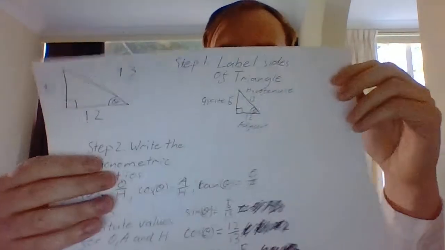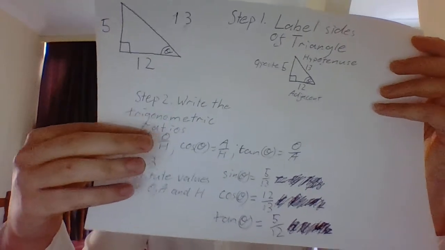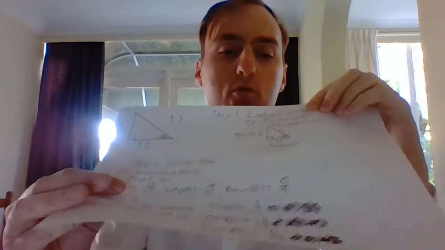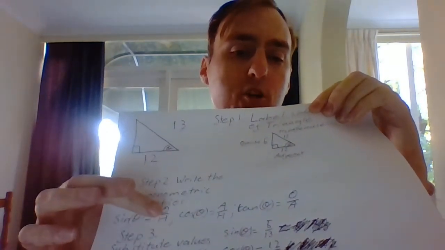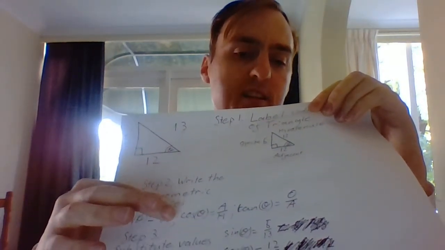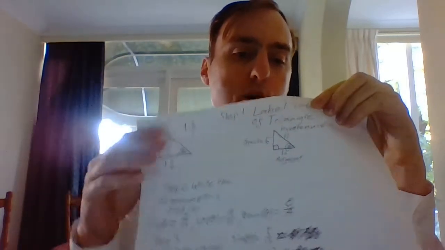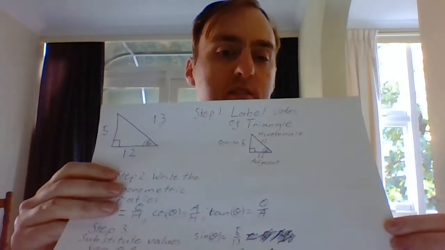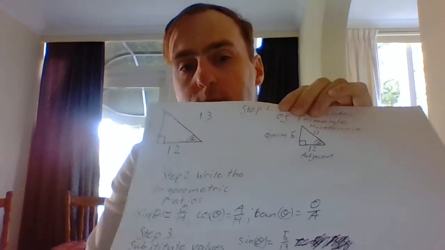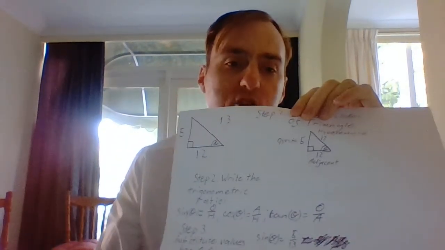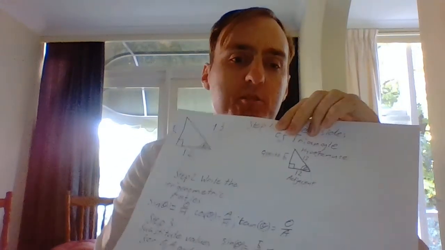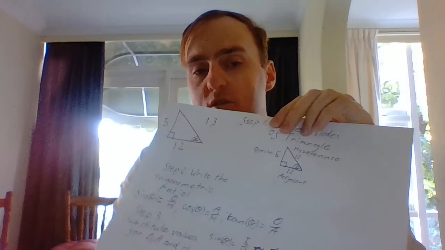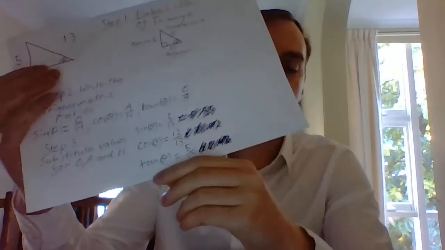From there, we will write down our trigonometric ratios. So we have sine theta equals opposite divided by the hypotenuse. Cos theta equals adjacent divided by the hypotenuse. And tan theta equals the opposite divided by the adjacent. To finish calculating the ratios, we then substitute our values for the opposite, adjacent, and hypotenuse into the formulas.